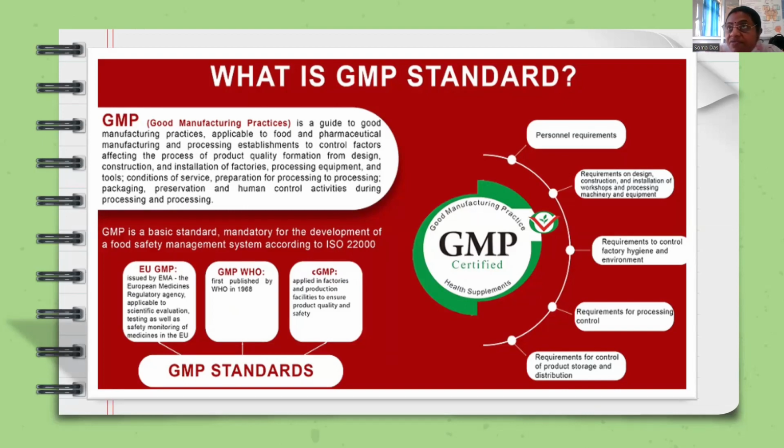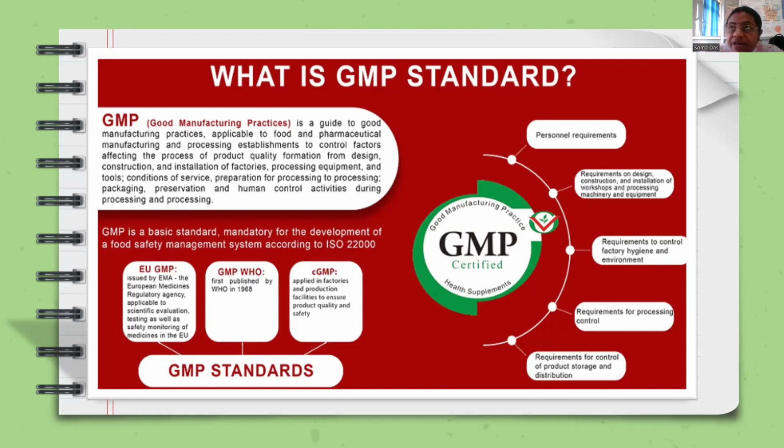When we go for equipment installation, there are various parameters when we design, or when we install a new equipment in our GMP premises, and conditions of service, preparation for processing, packaging is a very important part.